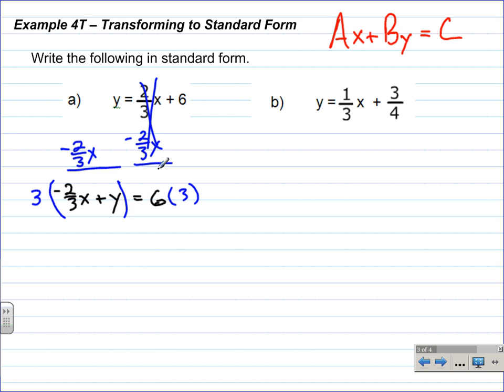When I multiply on the left, I have to remember to distribute to both terms. And when I do that, 3 times a negative 2/3 gives negative 2x. 3 times plus y gives plus 3y. And on the right-hand side, 6 times 3 is equal to 18.